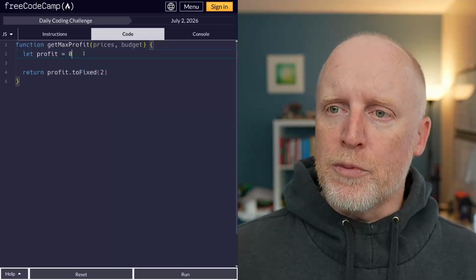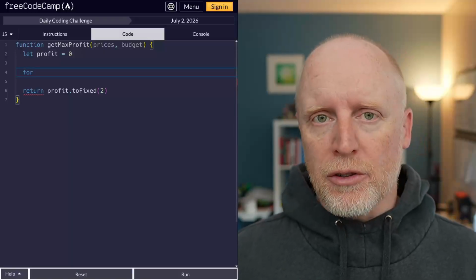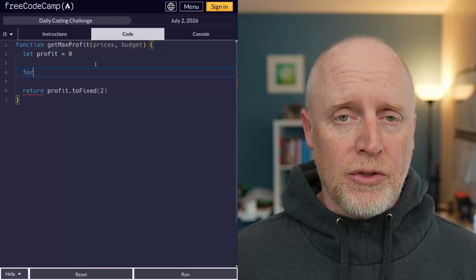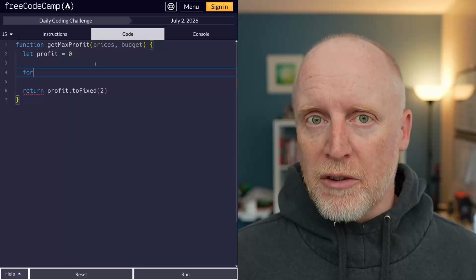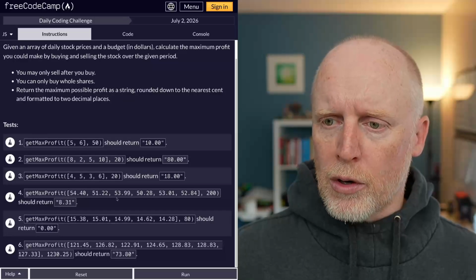That's good, which means that everything happens right here, and we need some kind of a loop. When I first tried this, I wanted to get the minimum and max values, and that worked for most of it, except for, I think it was test 4.